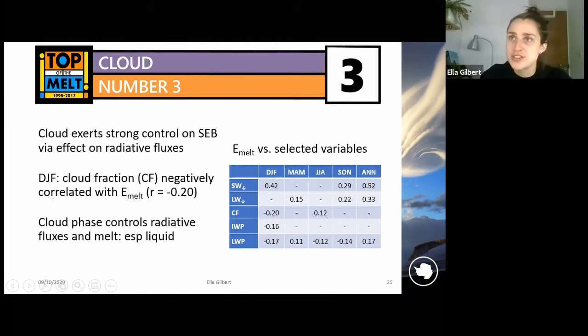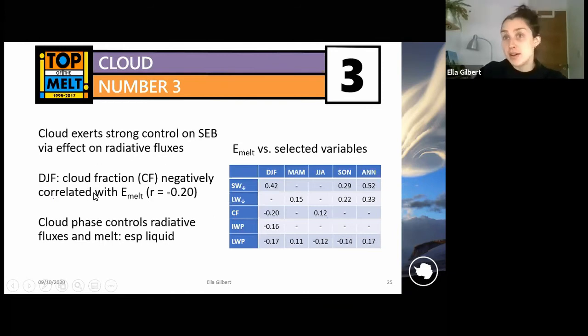We know from previous slides that cloud exerts quite a strong control on the amount of shortwave radiation that reaches the surface, but it also impacts the amount of longwave. I should caution that some of these correlations are quite low, so we take them with a pinch of salt, but the data give an indication of the things that are important.